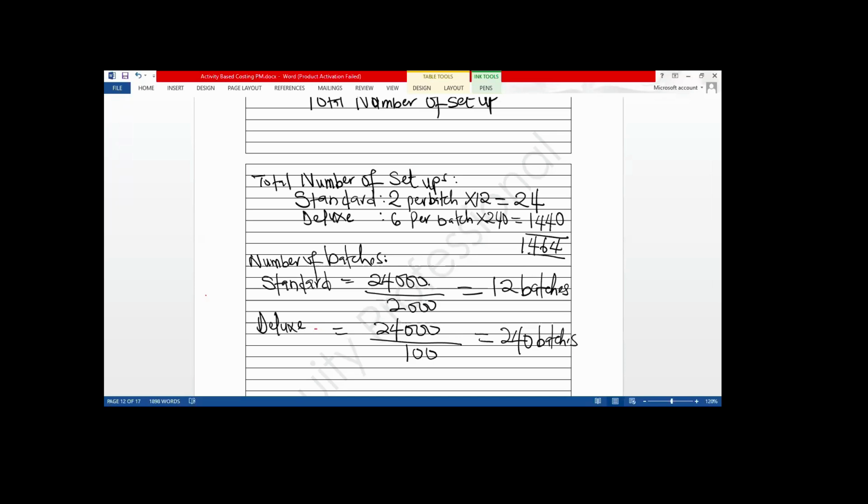This is the total number of setup. Good evening, sir. Sir, please, I would like to ask how you got the 2,000 that is used to divide the total number of batches in the standard. Do you have the question with you? Yes, sir.